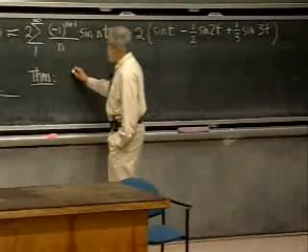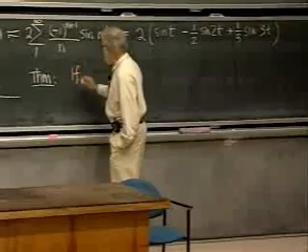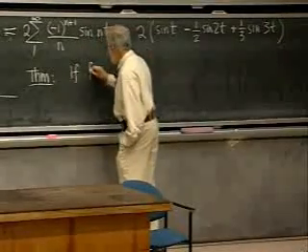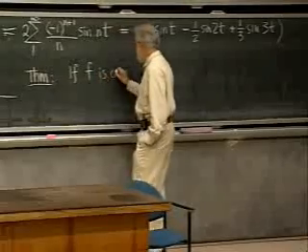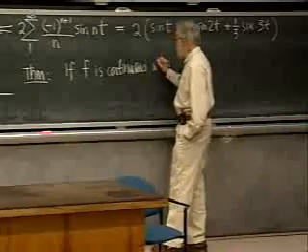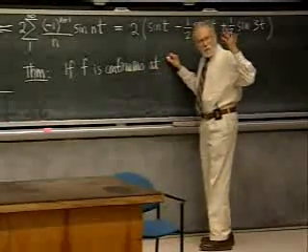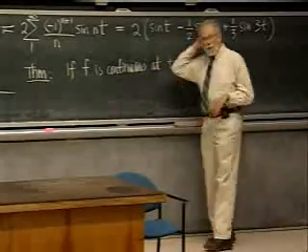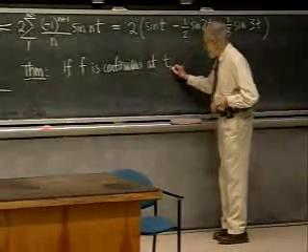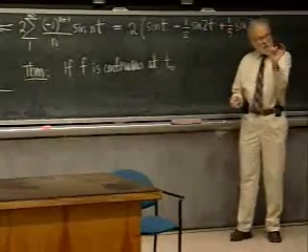If f is a continuous function at, let's give the point, it's confusing just to keep calling it t. If you like, call it t, but I think it would be better to call it t0, just to indicate I'm looking at a specific point.